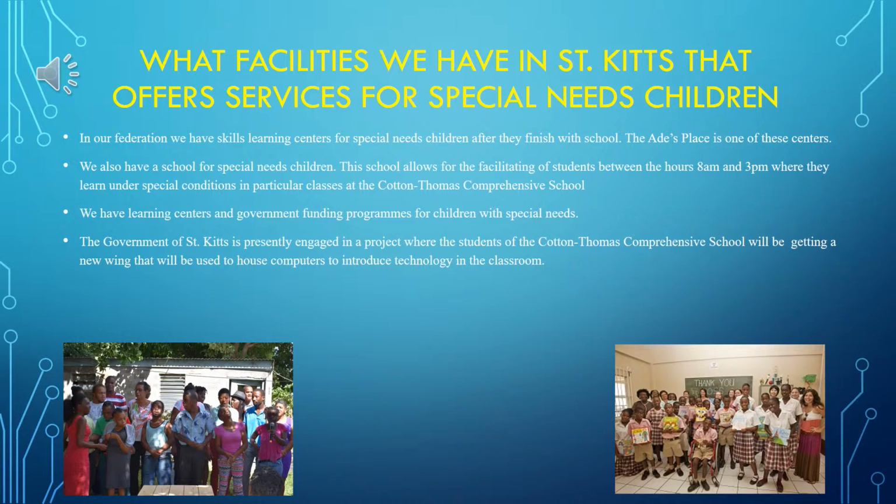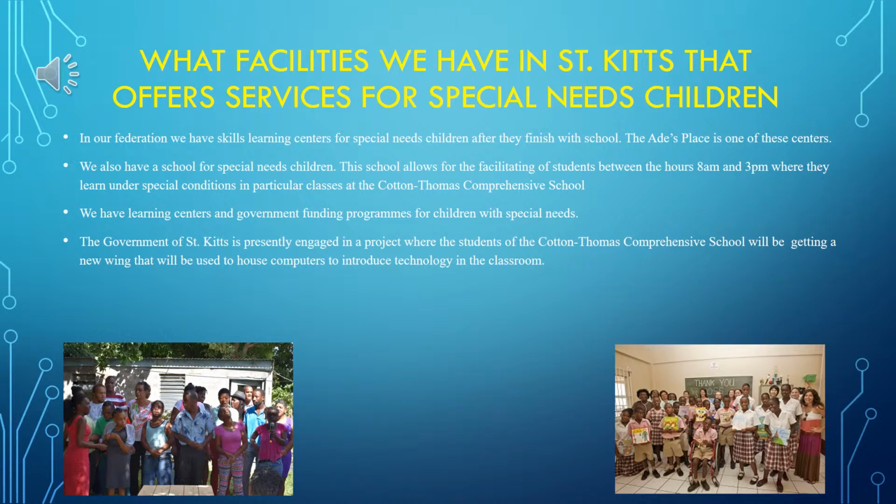We also have a school for special needs children. This school allows for the facilitating of students between the hours of 8 to 3 p.m., where they learn under special conditions in particular classes at the Cotton Thomas Comprehensive School. At this school, we have children who are visually impaired, those who have speech impairment, and other disabilities.